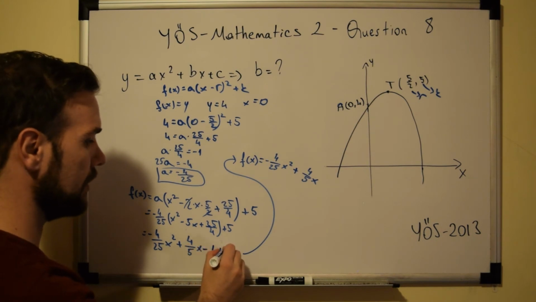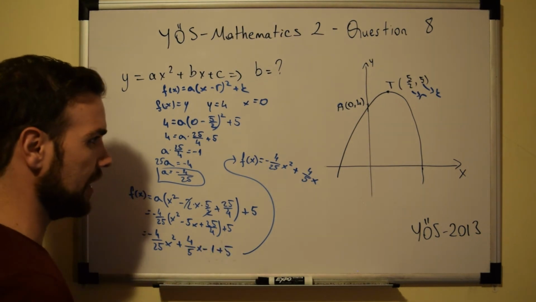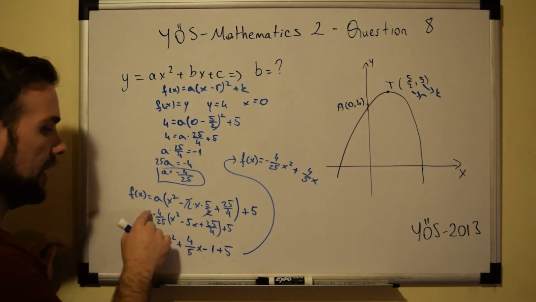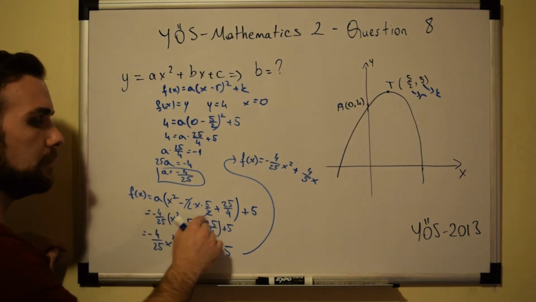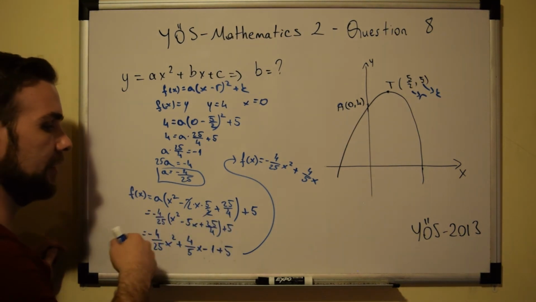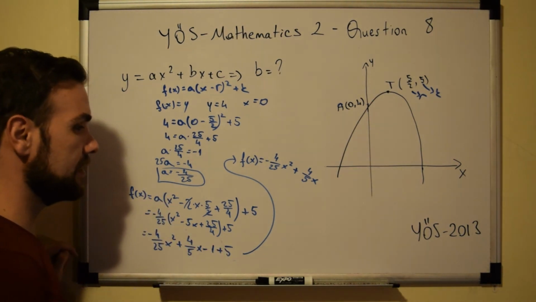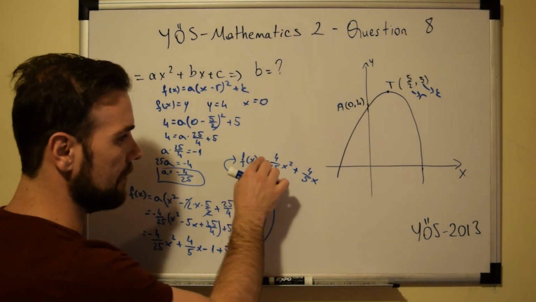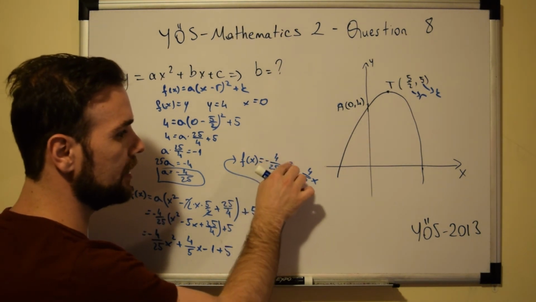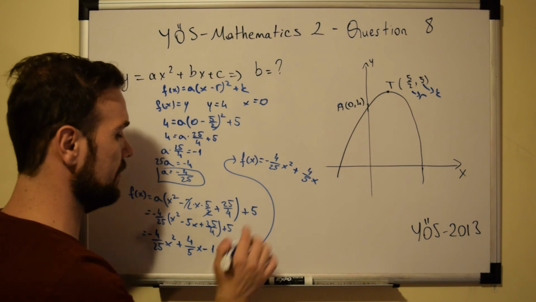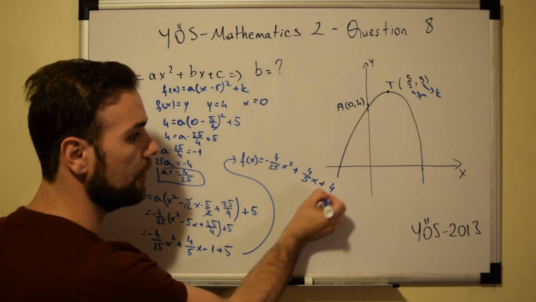So minus 1 plus 5. So this is the right way to write it, because minus 4 times 25 over 4, they cancel each other and become 1, and it's minus 1. So minus 1 plus 5. Now f(x) equals minus 4 over 25 x squared plus 4 over 5 x plus 4.